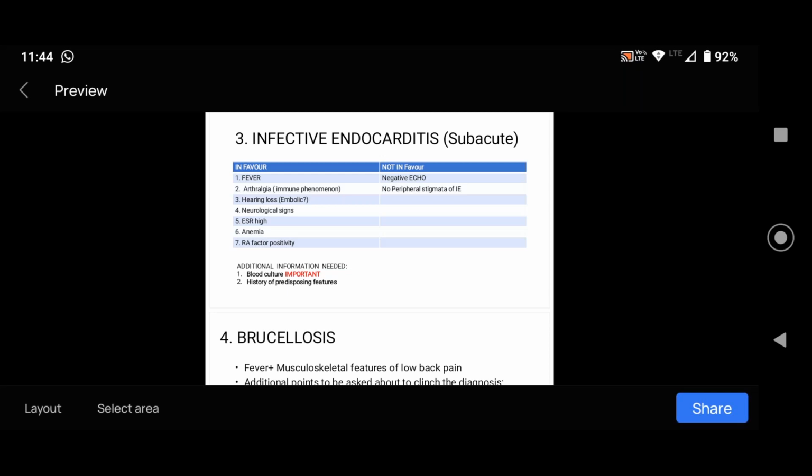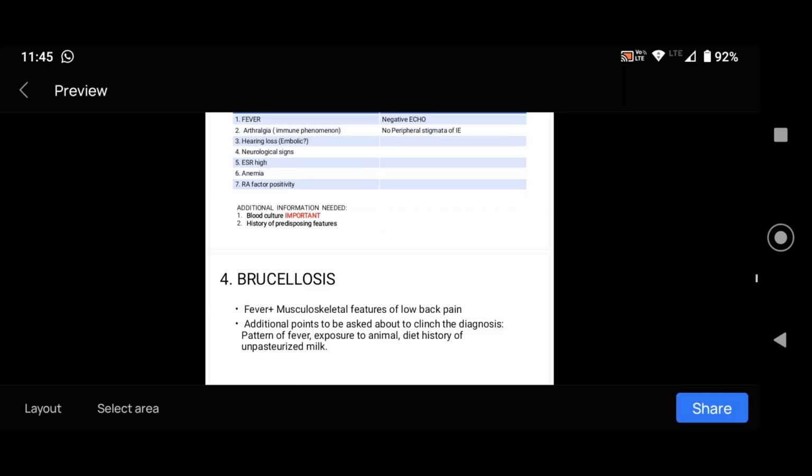We did not exactly find a blood culture being done in the investigations. So we thought that a blood culture would be good if we wanted to rule out infective endocarditis. And also there was no history of predisposing features, so that also kind of ruled out one of the minor criteria.